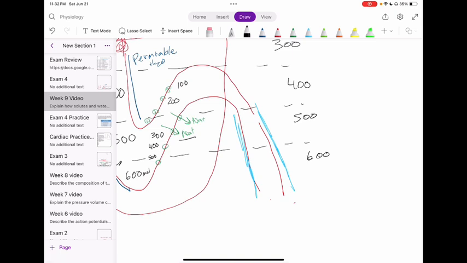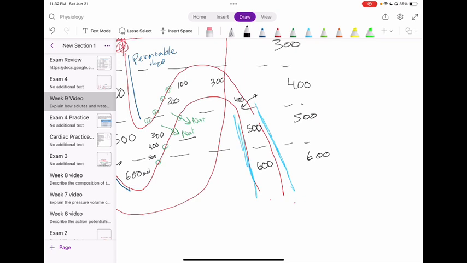And depending on the amount of ADH released, we will be able to come back down and match it as this water flows in and out here. This all depends on those aquaporin channels that are open.